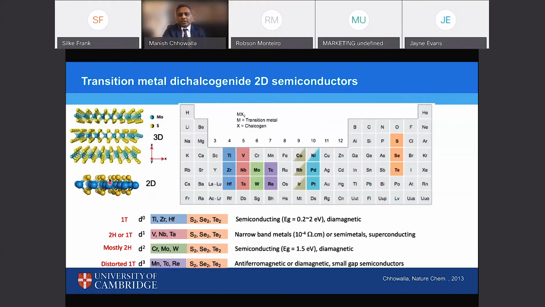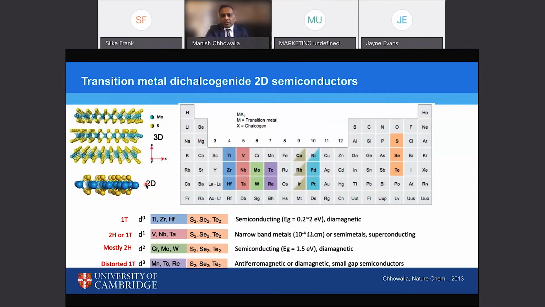When we isolate a single sheet, it becomes two-dimensional because there's no Z direction in these atomically thin nanosheets. These two-dimensional materials are very interesting for many different applications, electronics, optical, but I'll talk about their very interesting electrocatalytic properties.